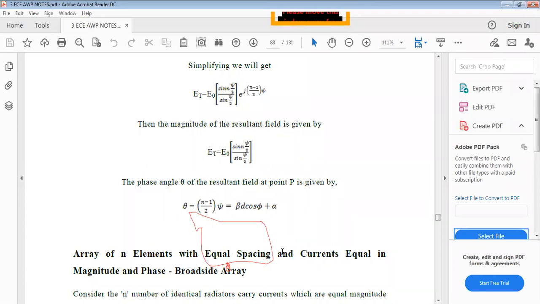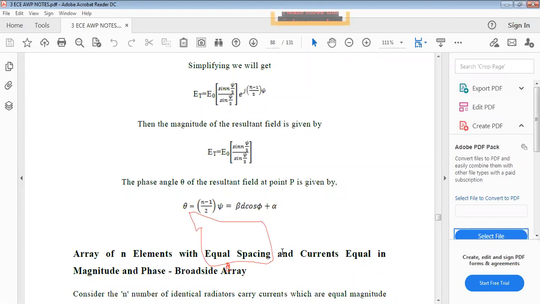Next, the end fire array. Will you follow the process? Array of n elements with equal spacing, currents equal in magnitude and phase, all identical parameters, just like the n element uniform array.